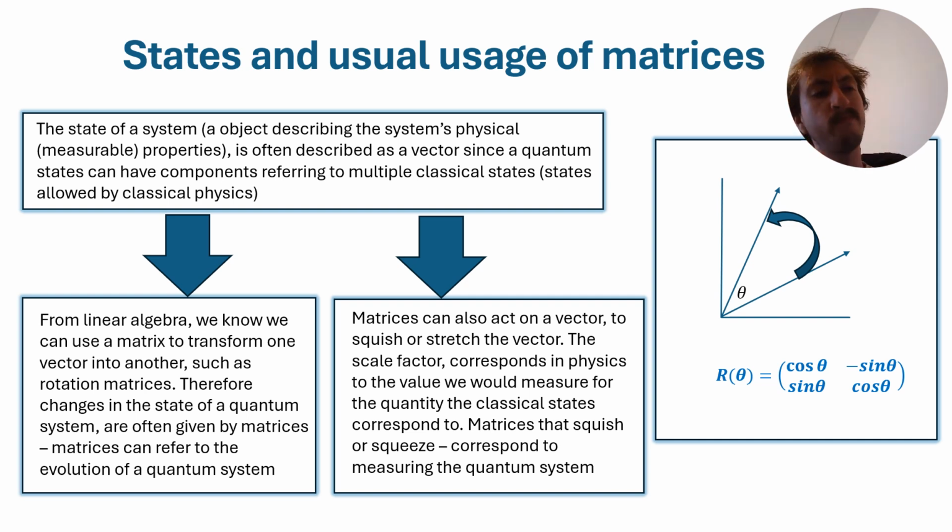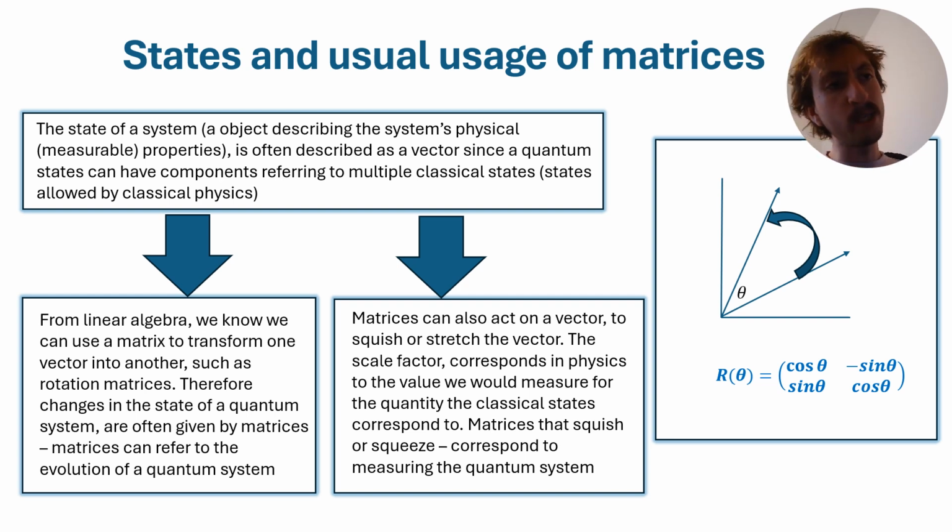Now, because quantum mechanics is a probabilistic theory, the length of a vector actually corresponds to the total probability, and because we are always going to measure a system in a classical state, even if we don't know which one that will be, we always renormalize the vector to have length 1. So the stretching or squishing doesn't actually correspond to a change in the state of the system, because the length of the vector is always renormalized back to 1.